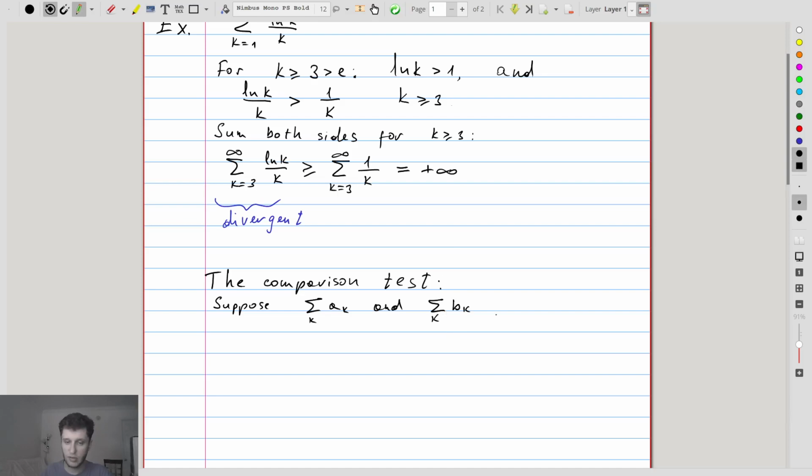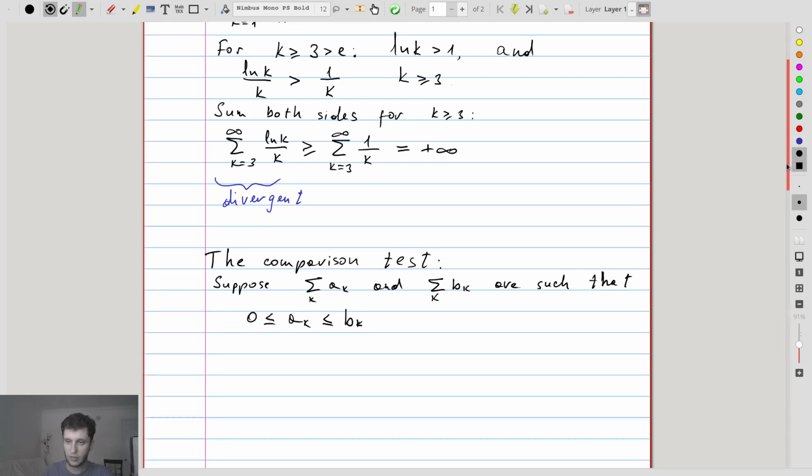Suppose you have two series, and they are such that both a_k and b_k are positive, and the terms b_k are bigger than or equal to a_k.